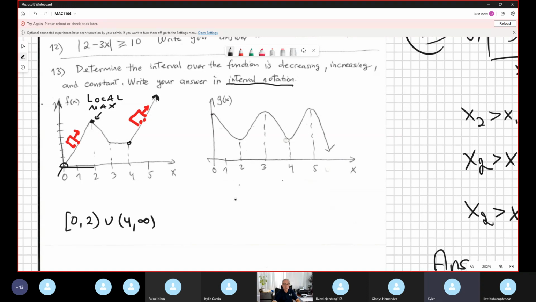This interval and this interval, let me show you in red color. That part and that part is increasing. Increasing, red color.